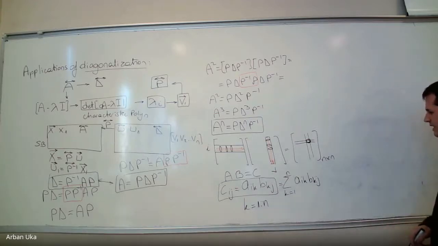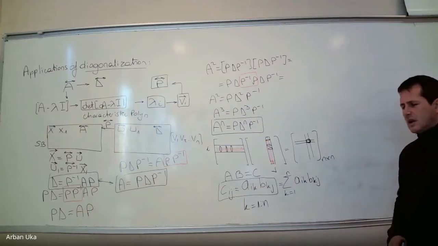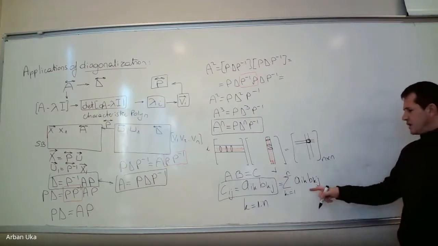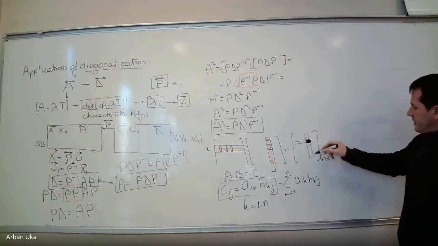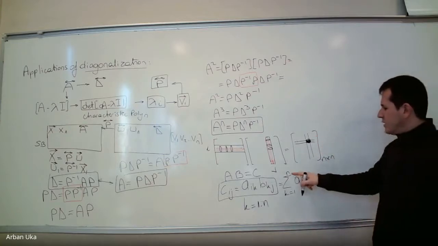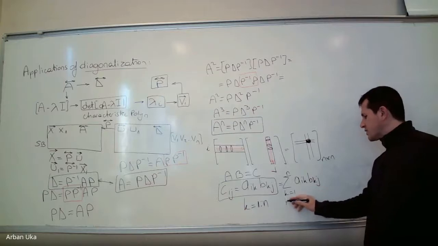Now, one question that we can ask here is the following. How many calculations are we doing to obtain this element right here, if we have an n by n matrix? How many multiplications do we have?